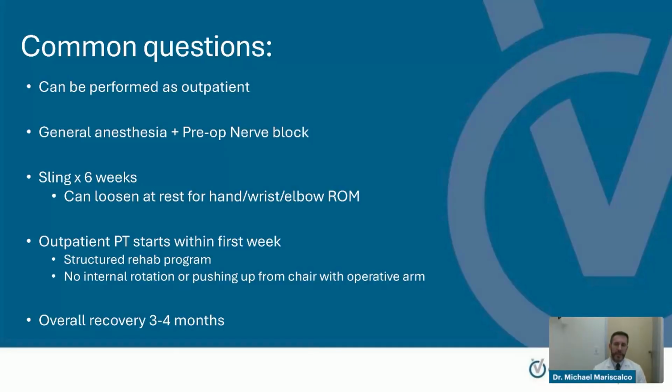For example, there's no internal rotation or pushing up from a chair with the operative arm for upwards of 8 to 12 weeks, and that is to minimize risk of dislocation. Again, it's a ball and socket joint, so that would be just one example of what the therapists reinforce and why they go to the lengths that they go to structure these therapy programs the way that they're structured.